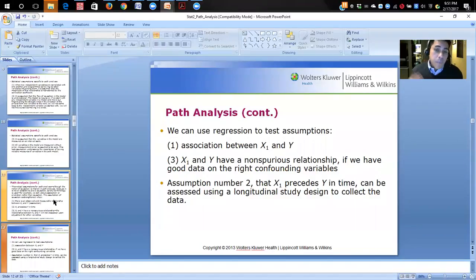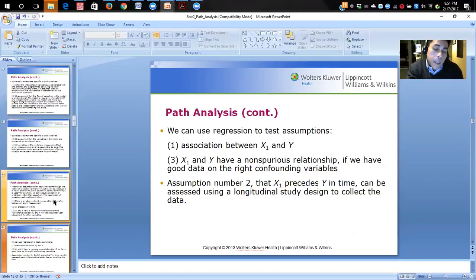And because you already accounted for all the independent variables, and because you've already examined the direct and indirect effects of each independent variable, and you have not missed any confounding variables, you truly have causality. So that is the assumption of path analysis.